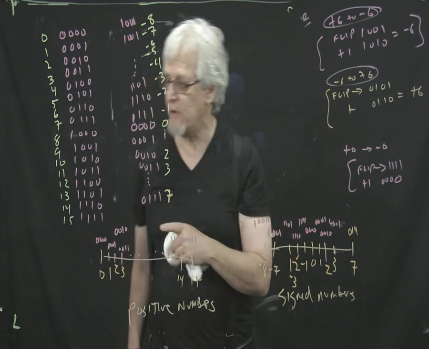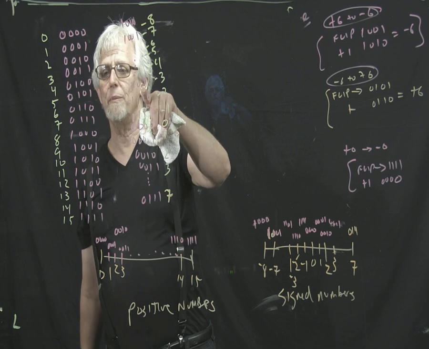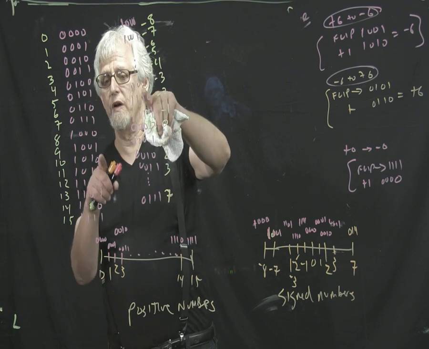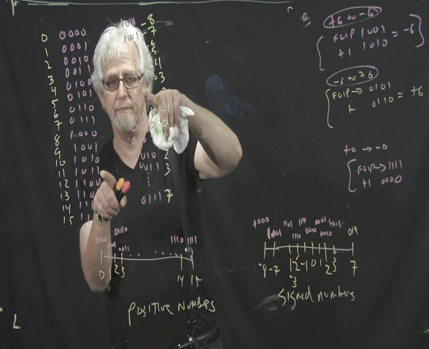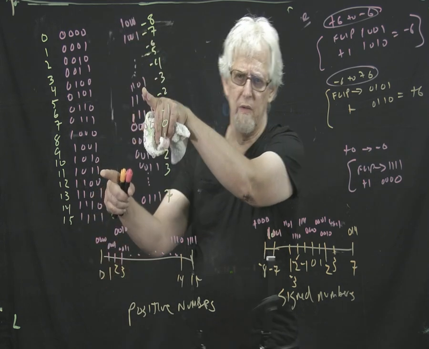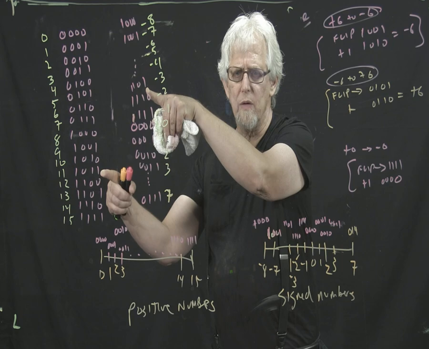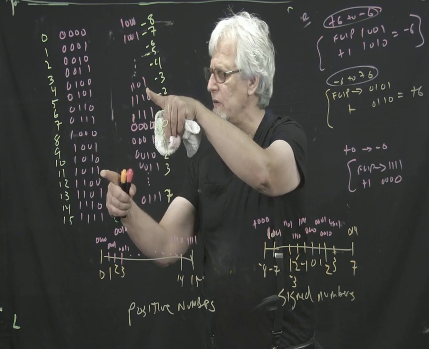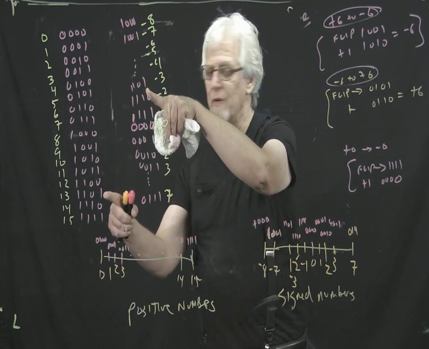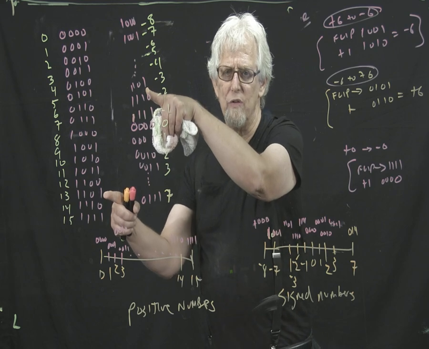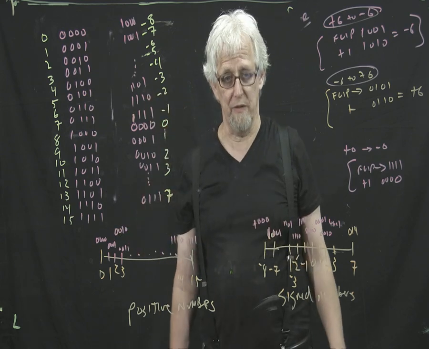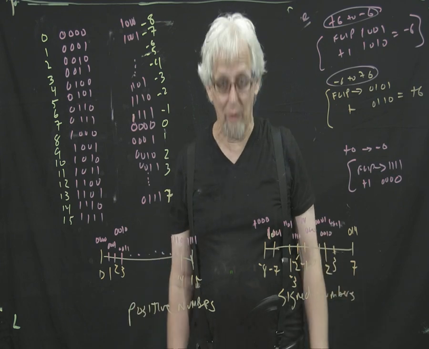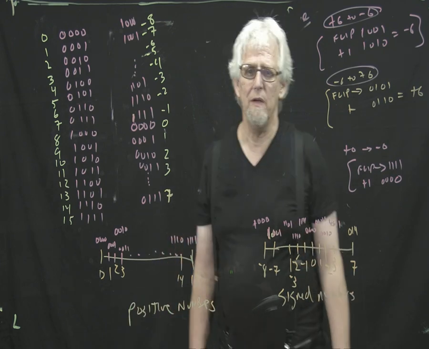The same bit pattern over here is a -3. Over here, it's going to be 13. 1101 could be -3 or it could be 13, depending upon how you're thinking about it. That's how it works.